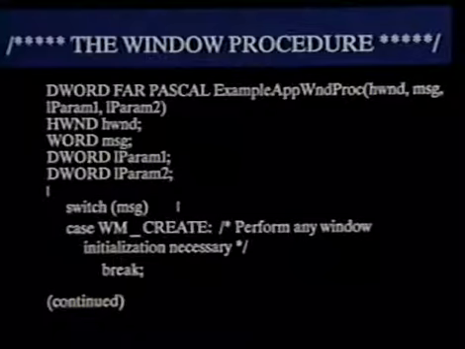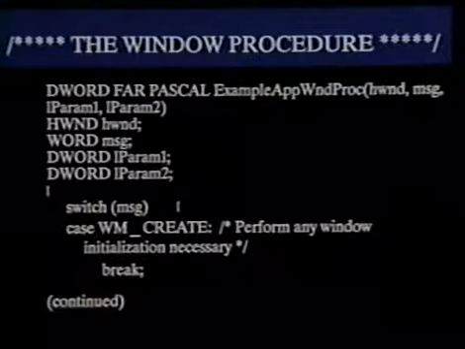This indicates that we are using Pascal calling conventions for this procedure or function, and that it's a var call to this function. All window procs must be var Pascal. We expect that when the Windows Presentation Manager system calls the window proc, it's going to be using Pascal conventions, and it's going to be a var call.